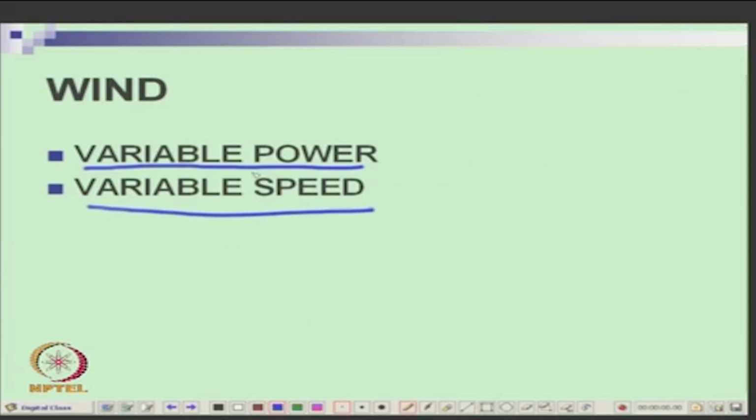Then wind is another ball game, variable power, variable speed. So, as electrical engineers, you will have a challenge in hand, because these are the energy sources which are likely to be futuristic. You have to develop energy conversion systems which will satisfy the needs of the consumer.